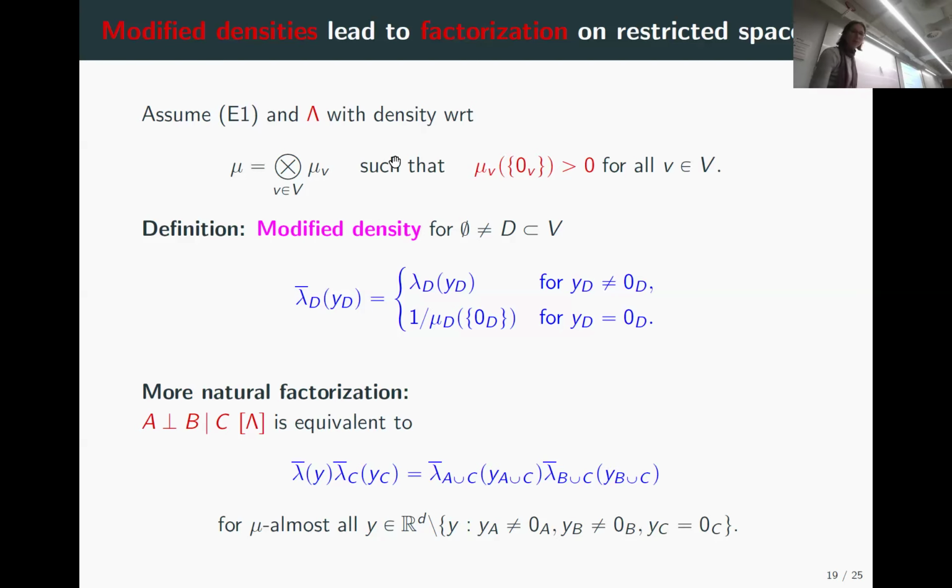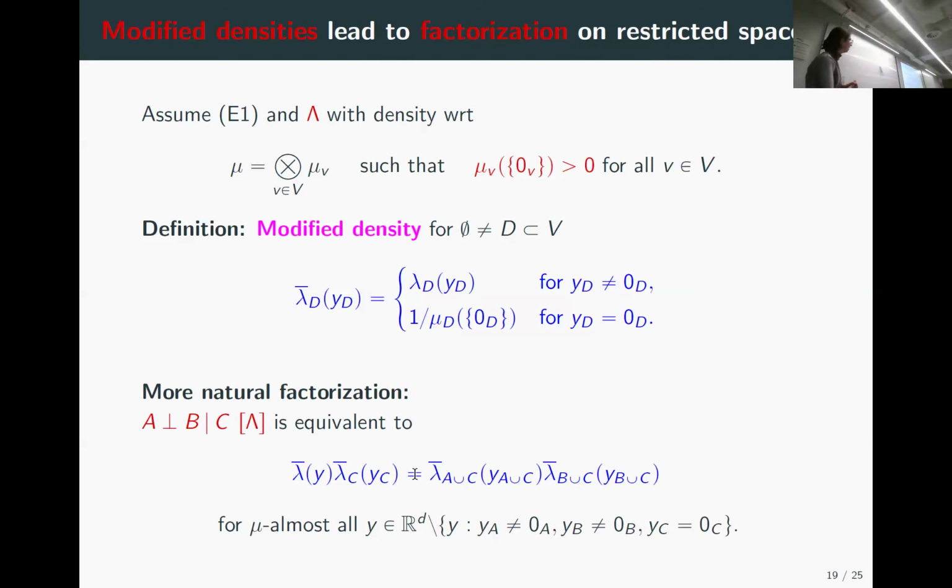Then you would only have to modify it in a situation when you actually hit 0. And in this situation, you can actually recover complete density factorization, and we don't need to work with this additional condition. So it seems quite a natural object to work with, this modified density, instead of the original one.